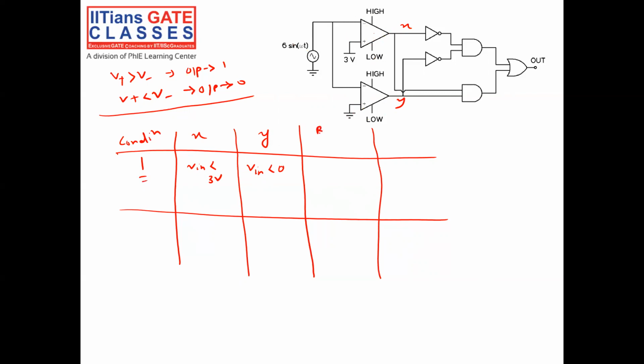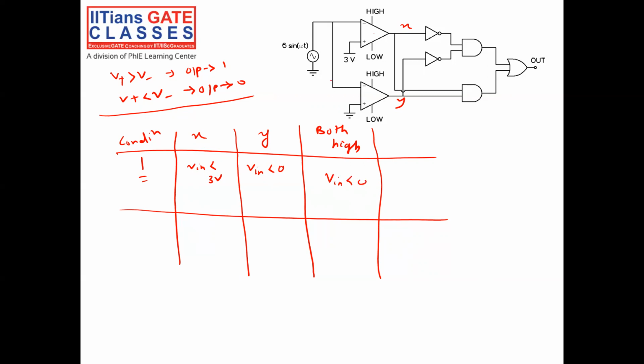So what is the condition for both to be high? Because if both are high, then only my output will be high. Y will be high when Vin is less than 0. X will be high when Vin is less than 3 volt. This implies both will be high when Vin is less than 0, because less than 0 and less than 3 have the common region less than 0.